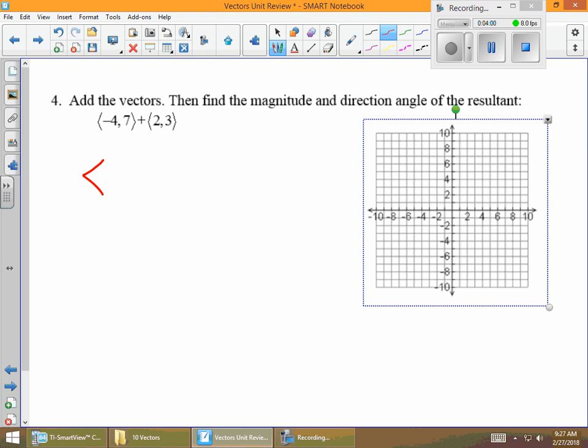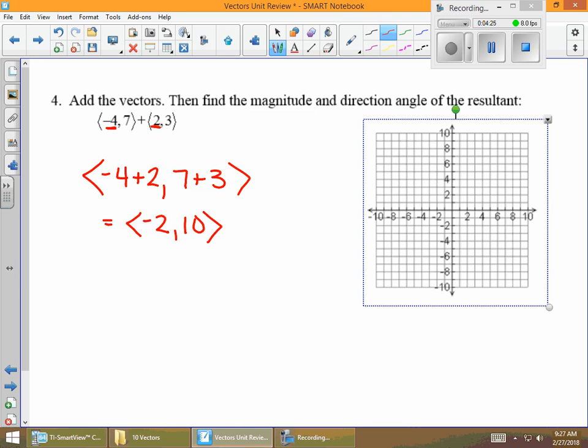When we're adding vectors, unlike when we started with points, we're starting with vectors. So we just add our horizontal components and the vertical components. So the resultant vector is negative 2, 10.